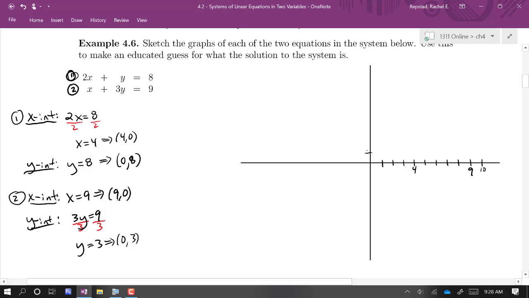And then for my y-axis, I need to go up as far as 8. That's the y-intercept of the first line. The second line has a y-intercept of 3. Alright, so let's sketch the first line. It has an x-intercept of 4 and a y-intercept of 8. So there's line 1. And the second line has an x-intercept of 9 and a y-intercept of 3.